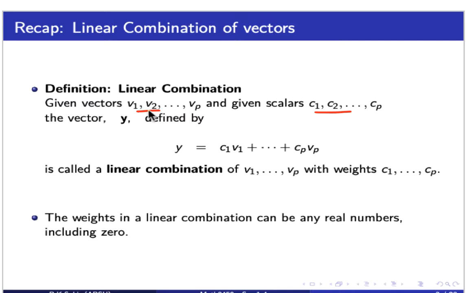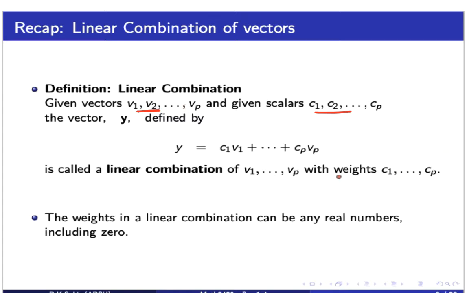If there are p vectors, you have p scalars, you multiply them, and then you add all these scalar multiples of vectors. When you get them together, you get one vector, which we say is a linear combination of the vectors v1 to vp with weights or scalars or constants or coefficients c1 to cp.